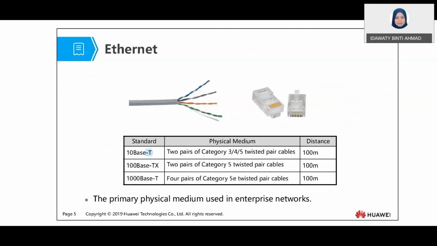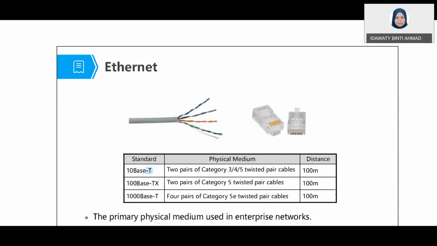This Ethernet, compared to the coaxial cable just now: in coaxial cable you have a shared network, you use coaxial cable, and it is all half duplex.